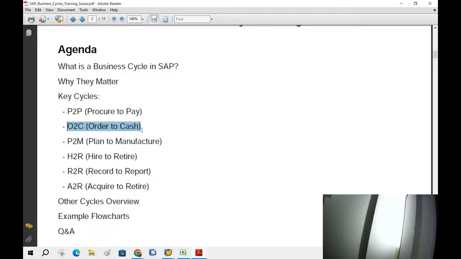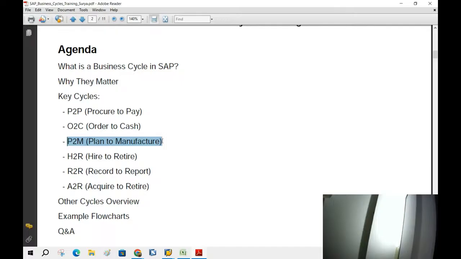Then the third cycle is called plan to produce. What is plan to produce? Now Mary has brought the raw material. Now I am planning to produce 100 Xerox machines. So to produce 100 Xerox machines, I have to plan to manufacture.